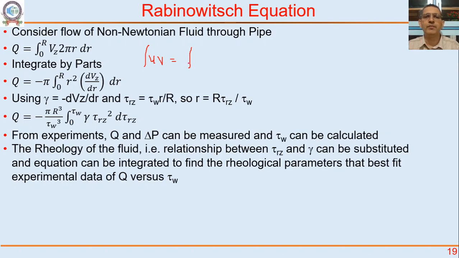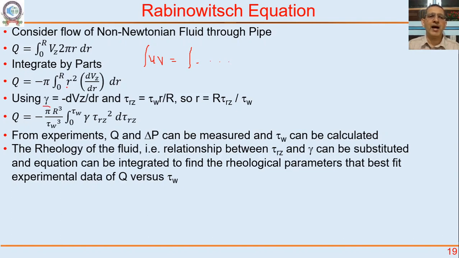Remember that formula? Okay. So integrate this r, you will get r square by 2, that will go away with this 2, or with 2r you will get r square, and on differentiating v you will get dvz by dr, and dvz by dr is nothing but gamma.